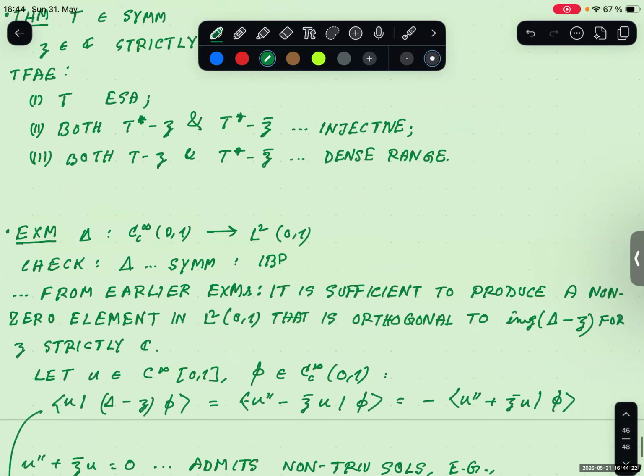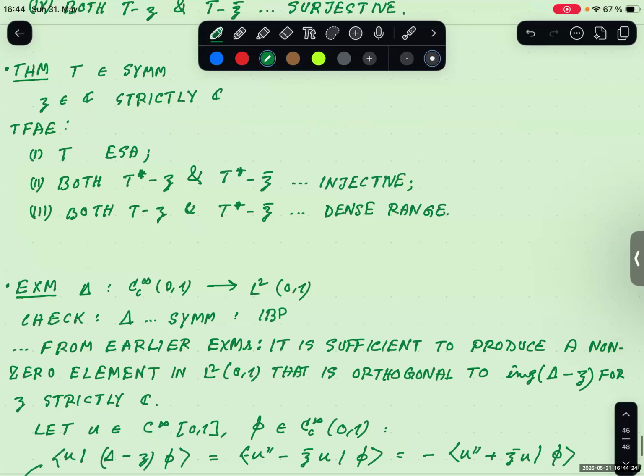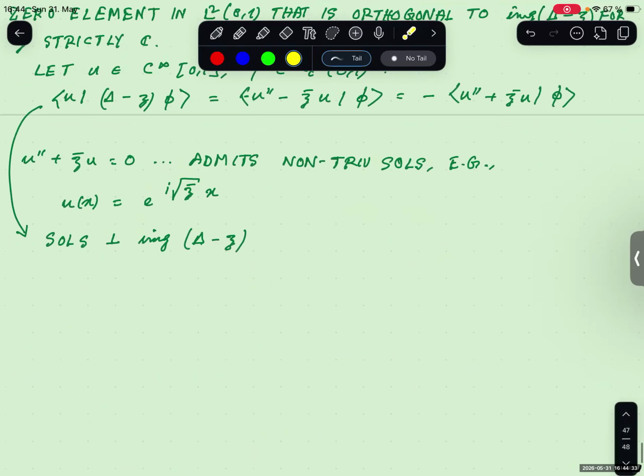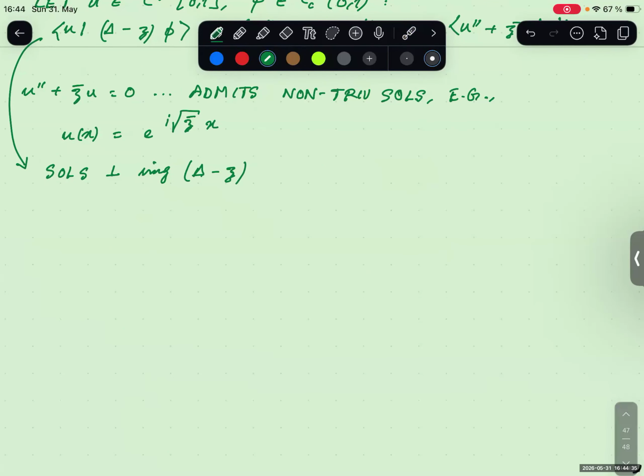And now check. If this is orthogonal, that means the condition is not satisfied. And therefore, by the theorem, the operator is not essentially self-adjoint.